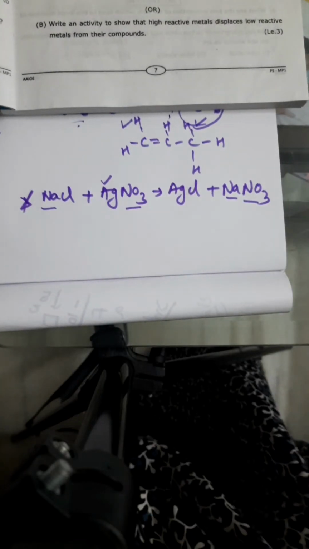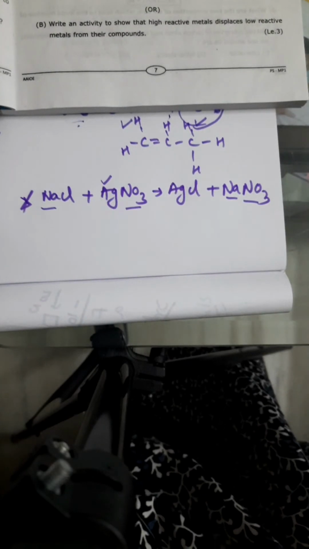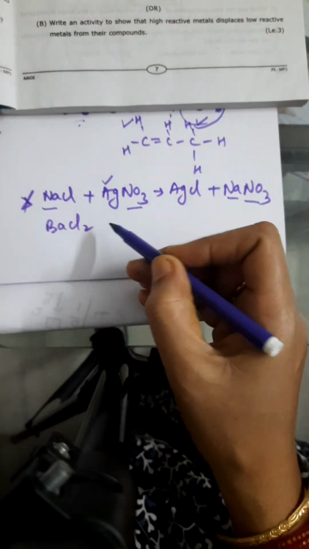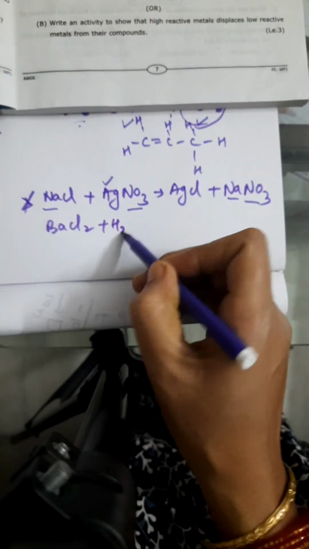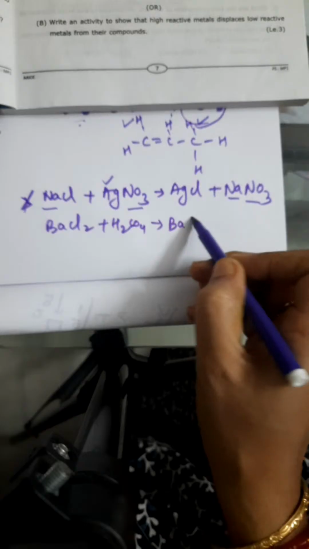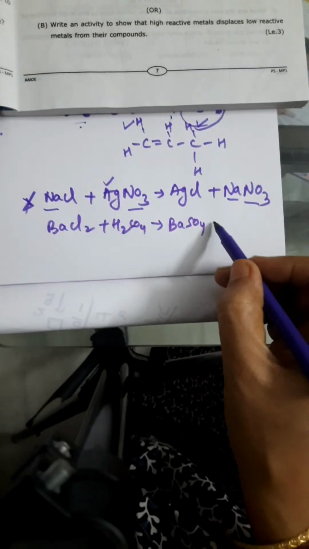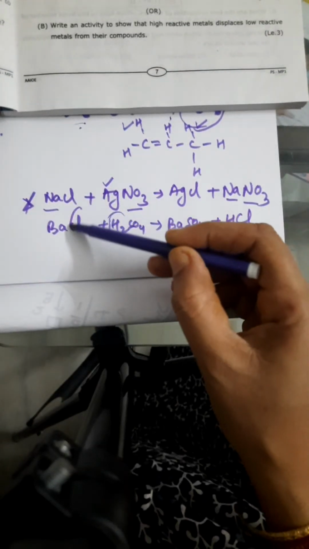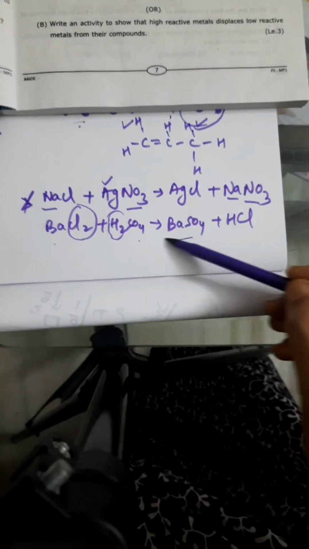Now the next question, BaCl2. Barium chloride in presence of sulfuric acid will form BaSO4 plus HCl. Now here 2 hydrogen, 2 chlorine is there. Rest BaSO4 they are single only. So it got balanced.